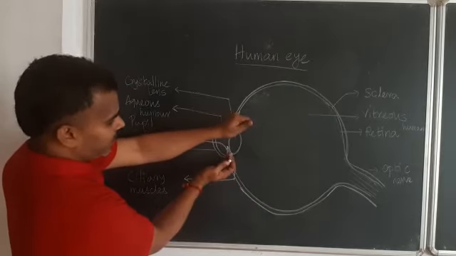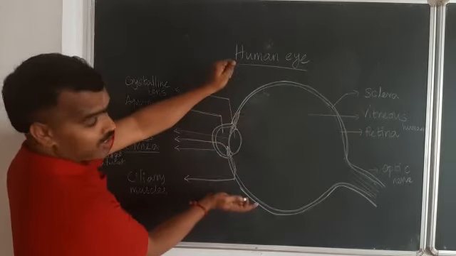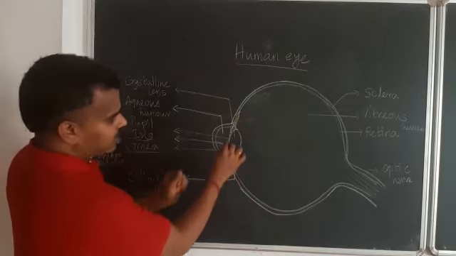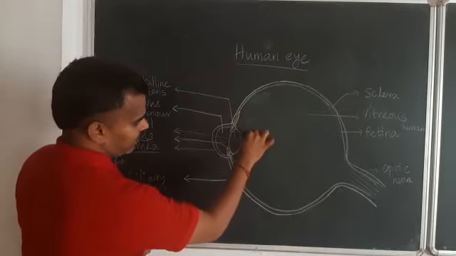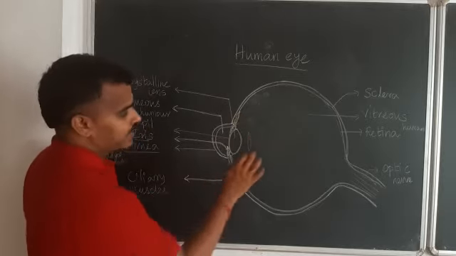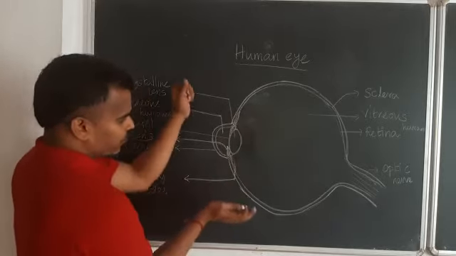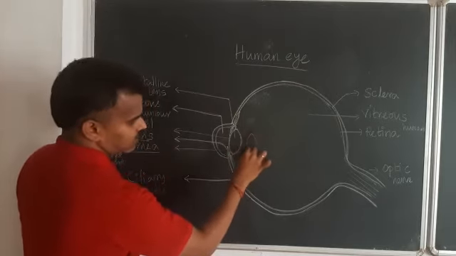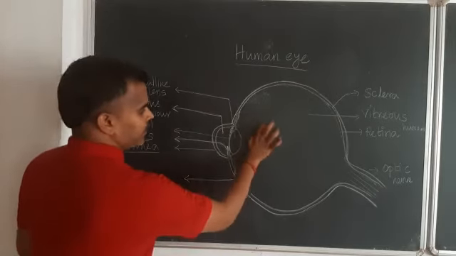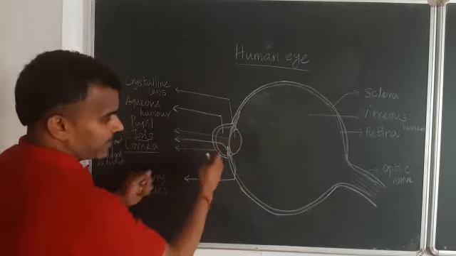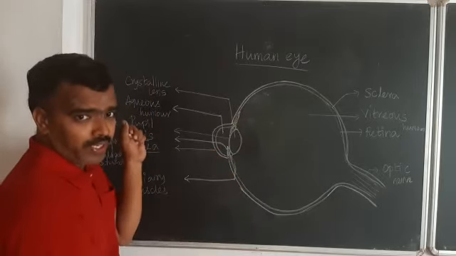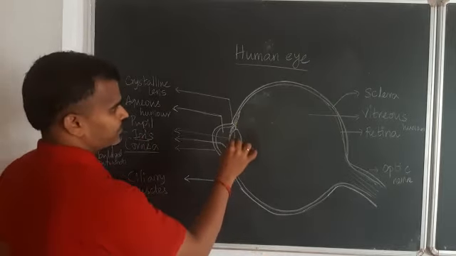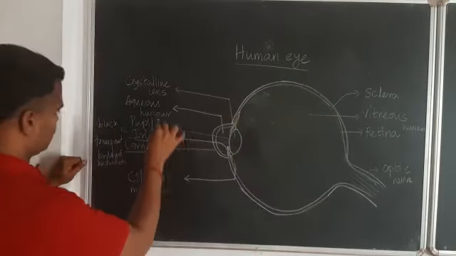If they expand, the lens becomes very thin. If they shrink, the lens bulges. So with the use of the ciliary muscles only, the lens becomes thinner or thicker.